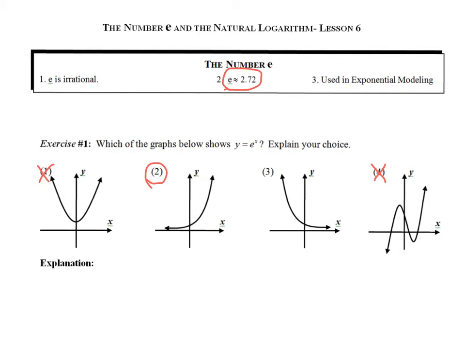What's my explanation for this? This is an exponential function, and of course it's an exponential function showing growth, so I'm going to say exponential growth. And the reason for that is because e is a number that is bigger than 1, and that's the base of the exponential.